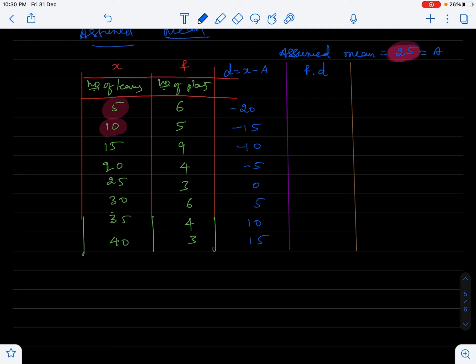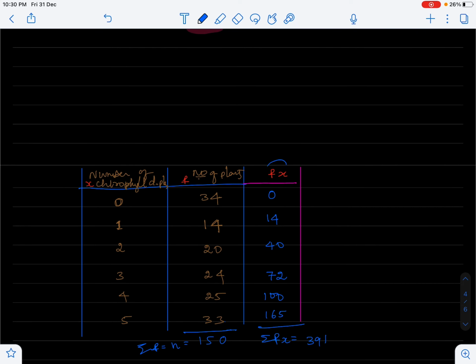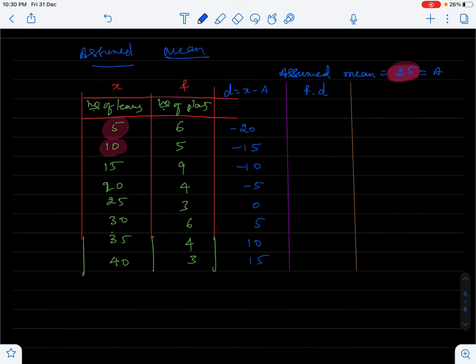In a discrete series we multiply variable and frequency, but when the x numbers are large, then we find deviation, so that our calculation will be easy.